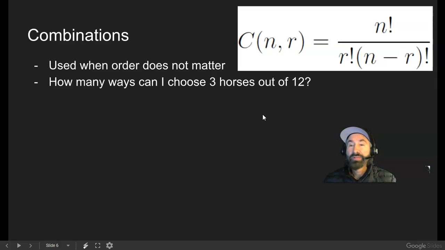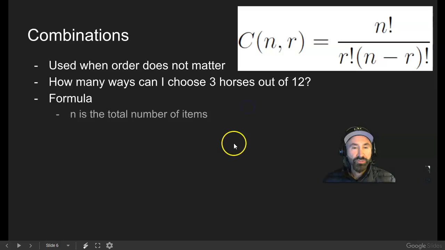That's different than how many ways can 3 horses finish in first, second, and third. If I'm simply choosing 3 horses, order does not matter. I don't care which order I get them. I just want to know how many ways can I get 3 of the 12. So let's take a look. In the formula, first of all, n stands for the total number of items, just like in permutations.